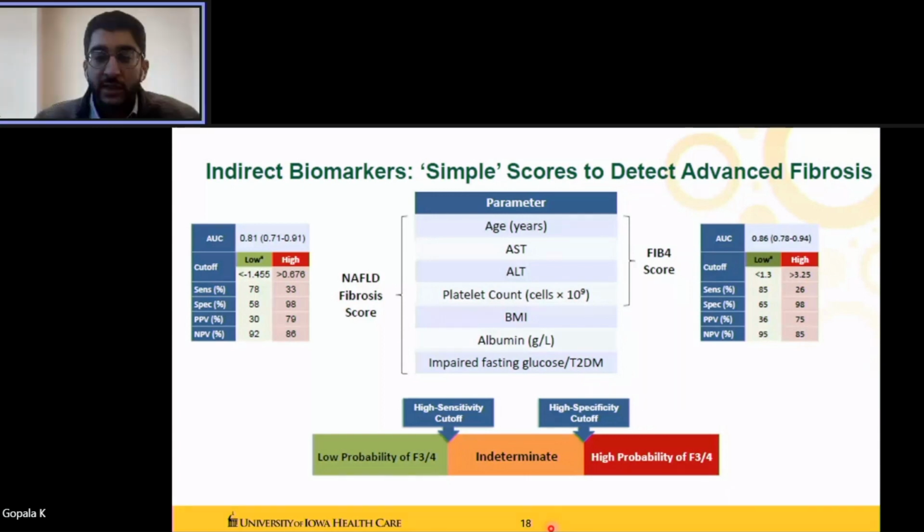But this can be overcome with sequential combination of these scores. So you can use FIB4 and then NAFLD, and then if there's some consideration for fibrosis, you can go and do a FibroScan.